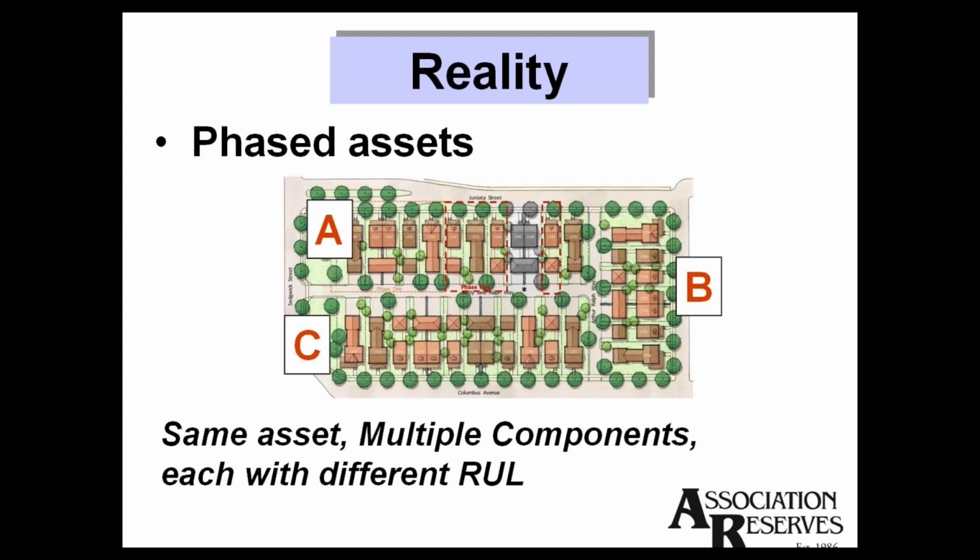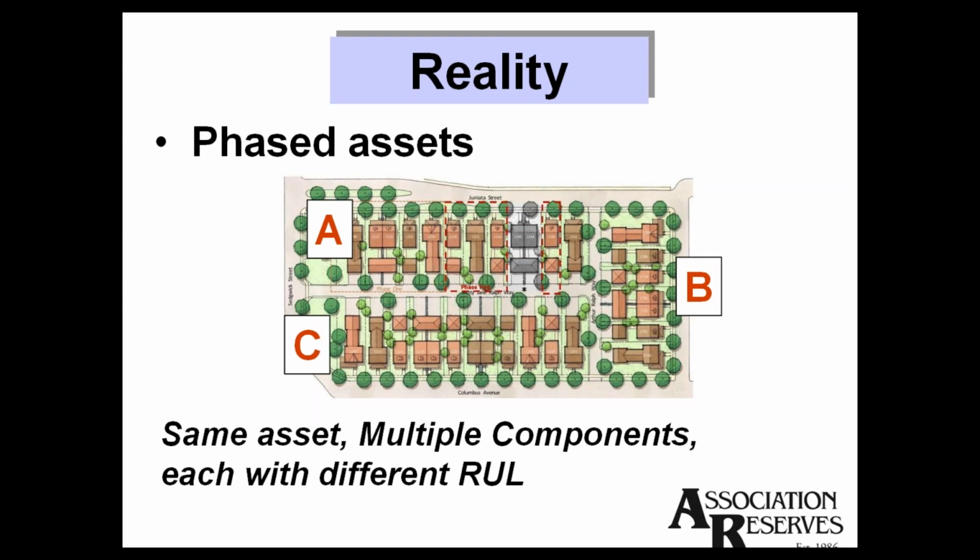Okay, suppose you have multiple components made up of the same project, let's say roofing. What you want to do is, when you have different ages of an asset due to phased construction or reconstruction, let's say there was a major wildfire on the perimeter over on the B end of the association, and the association's got significant fire damage and had to get all their roofs redone, something like that.